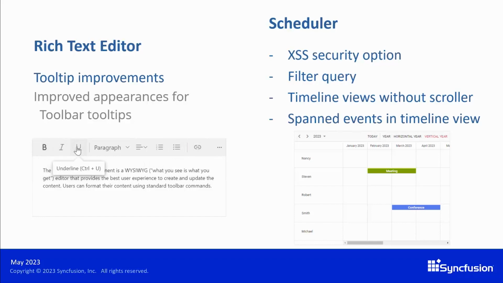And the filter query support is the same as what we discussed for the Blazor. The same applies for timeline views without scroller as well. And the next thing is spanned events in the timeline view. So with this support, previously, whenever we created a longer appointment that spans 3 months in timeline year views, it would be created as 3 appointments in each of these cells.